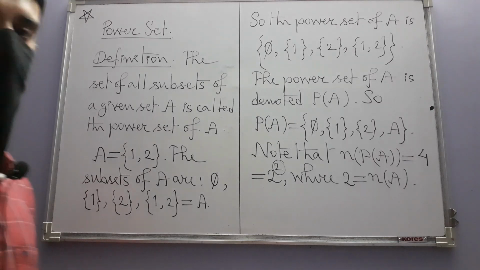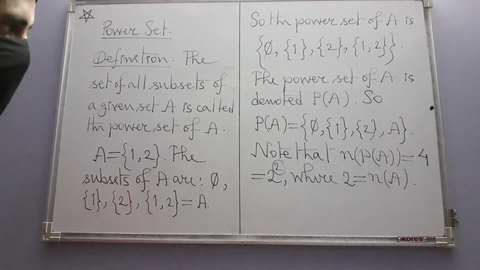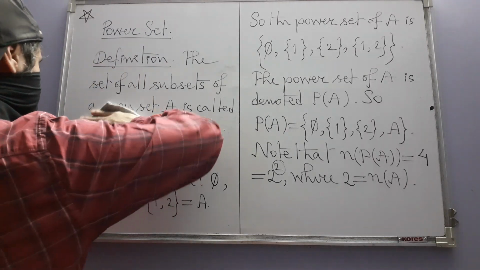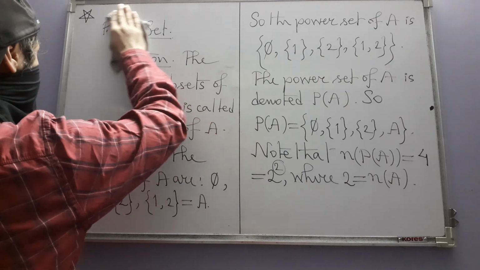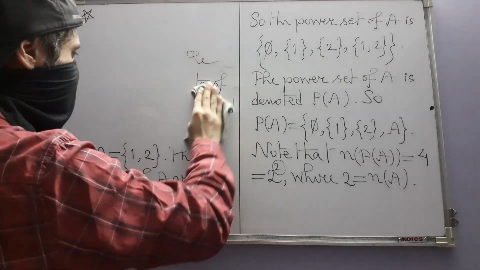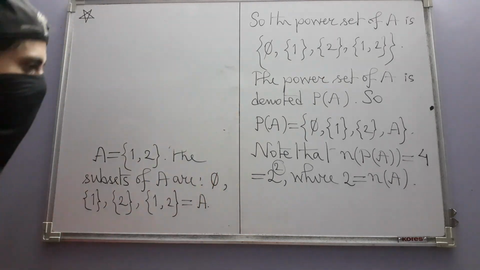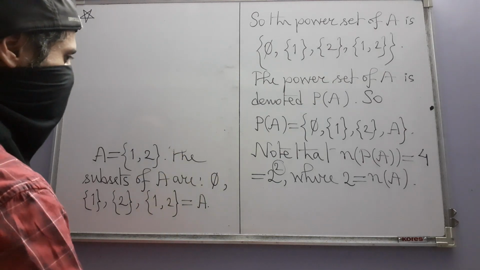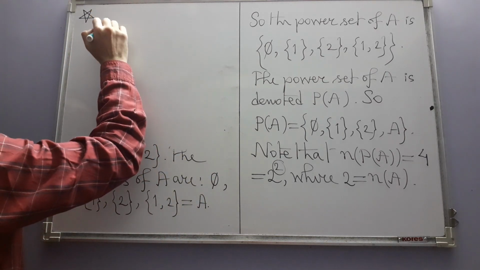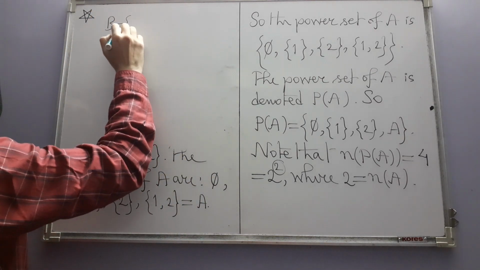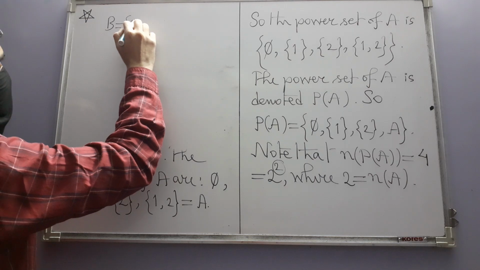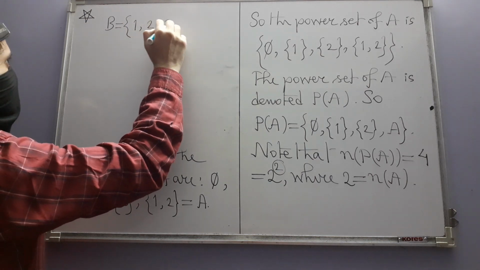Let us do a little experiment. Instead of taking this 2 element set, let's take a 3 element set. Suppose we take another set B, say, which has these 3 elements.